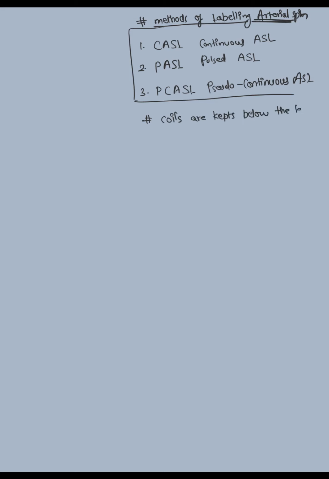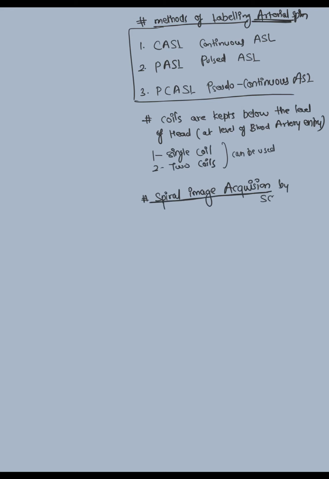And so the coils are kept below the level of the head or at the level of the blood artery entry. So it will be kept at the junction of the head and neck during the testing. So we can keep a single coil or we can keep two coils. So what is a spiral image acquisition by the scanner?